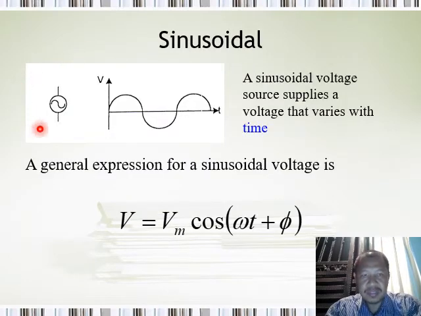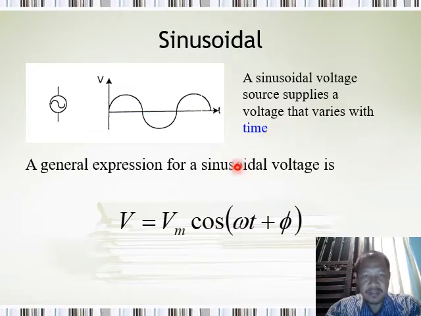So this is the sine wave, which represents the AC current or voltage. So if we have voltage, we have V. So this is the sine wave. Sine wave, or sinusoidal voltage, supplies a voltage that varies with time, a time varying voltage signal.